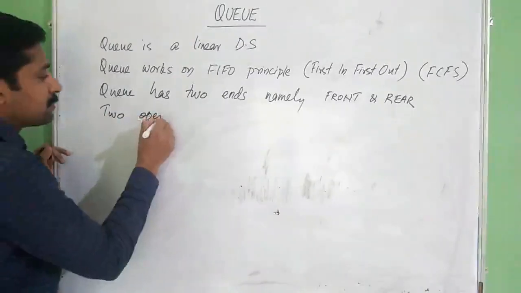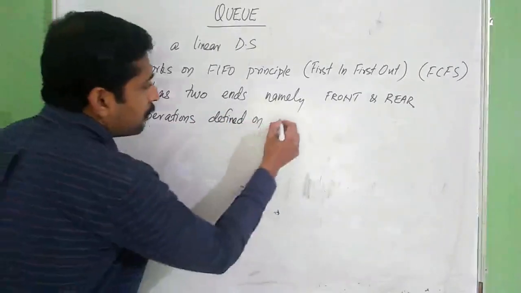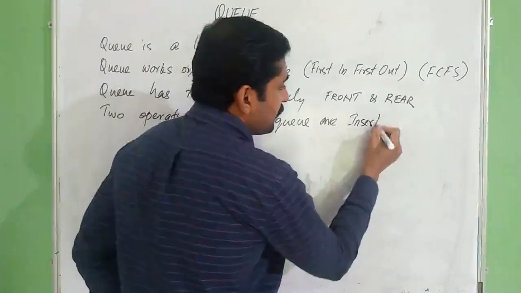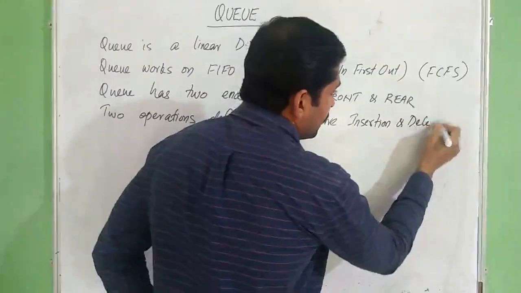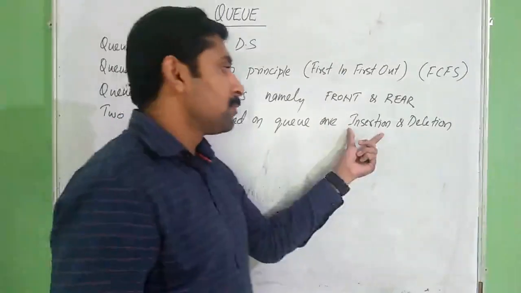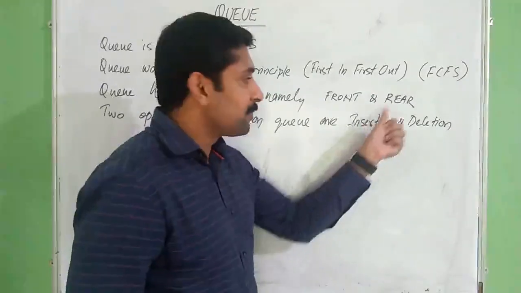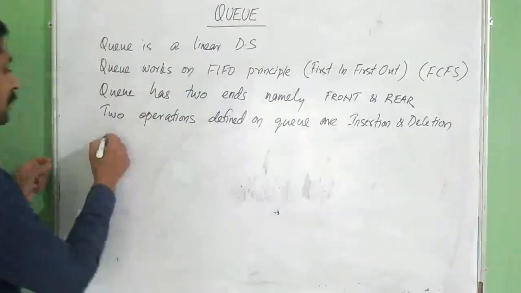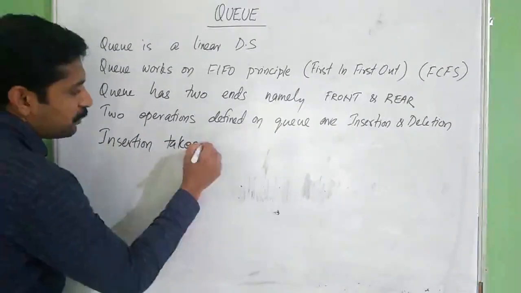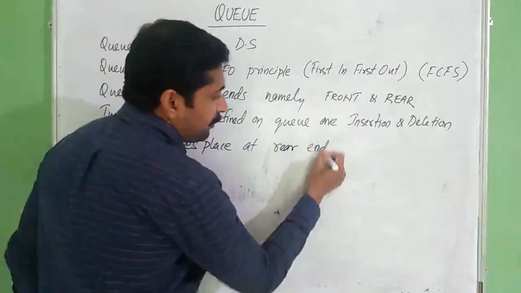Two operations defined on queue are insertion and deletion. Insertion takes place at the rear end, that means the back end.